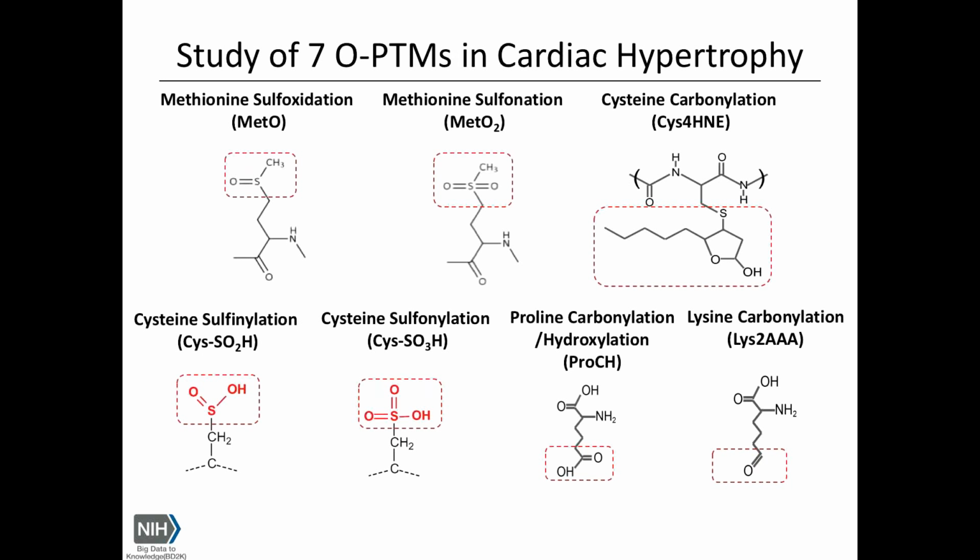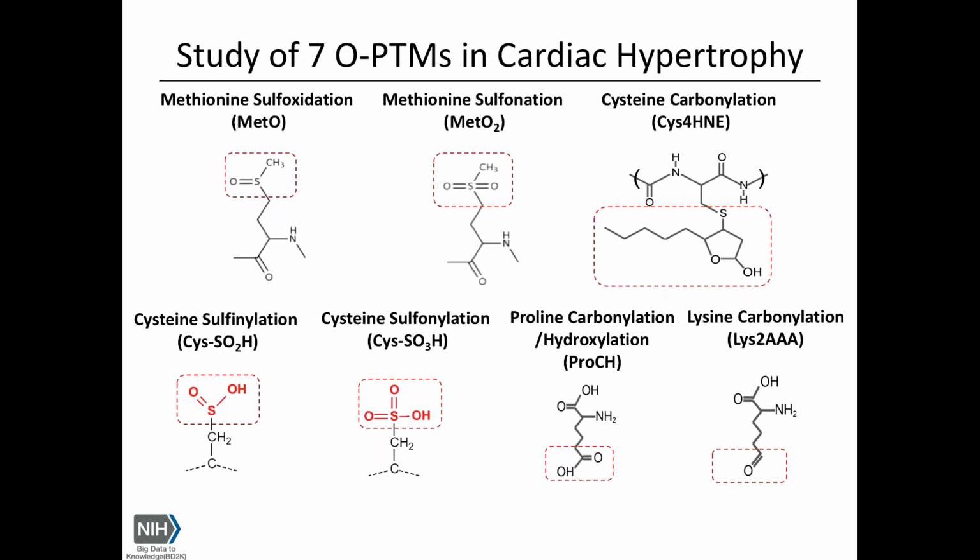To date, there are at least 35 types of O-PTMs reported that span a range of amino acid residues and chemical modifications. For our study, we selected these 7 O-PTM sites representative of the spectrum of O-PTM complexity to focus on for deeper analysis of their involvement in cardiac hypertrophy.